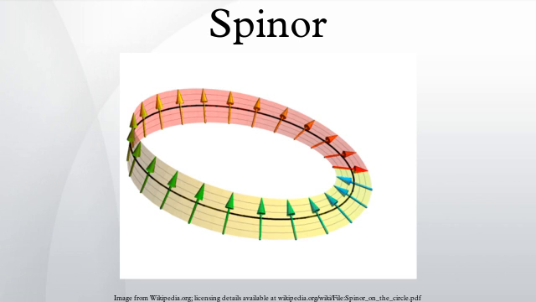Lawson, H. Blaine, Michelsohn, Marie-Louise, Spin Geometry, Princeton University Press, ISBN 0-691-08542-0. Pauli, Wolfgang, Zur Quantenmechanik des magnetischen Elektrons, Zeitschrift für Physik 43, 601–632, bibcode 1927ZPhy...43..601P, doi 10.1007/BF01397326.